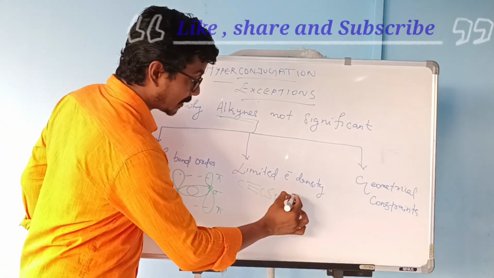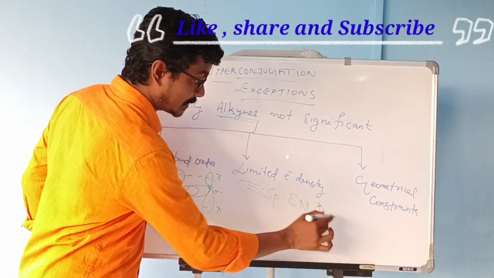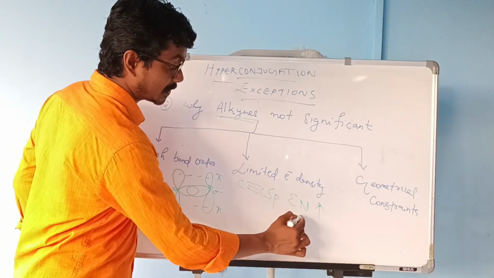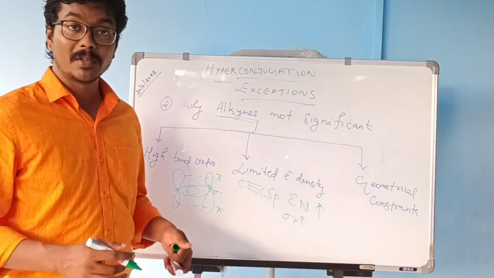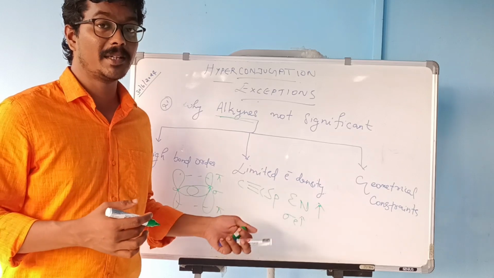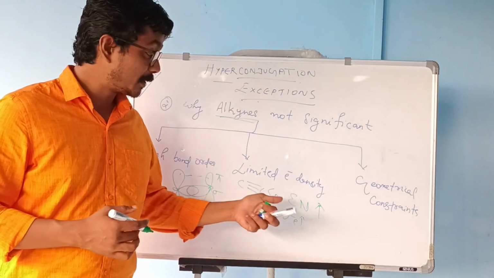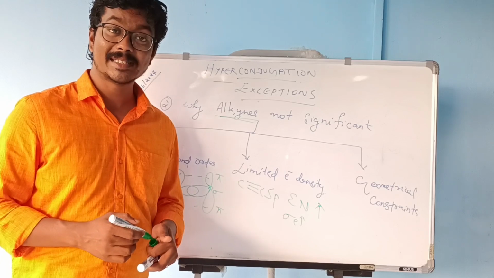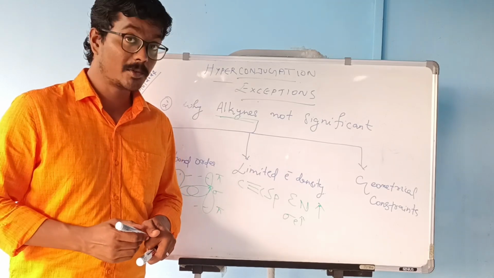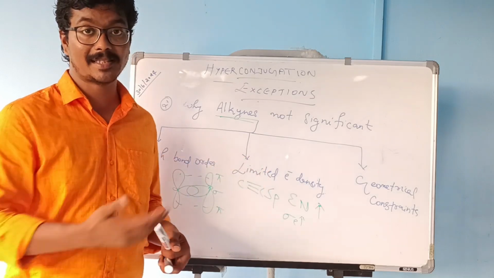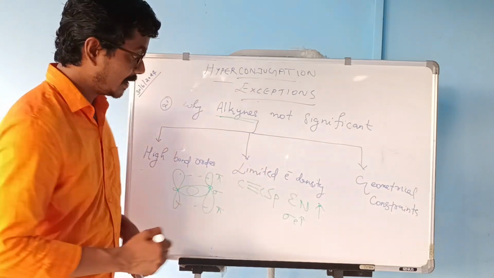Due to this high electronegativity, the sigma electrons are also not very easy to participate in hyperconjugation, because these sigma electrons are less available to donate or delocalize with the adjacent p orbital. Let me repeat.